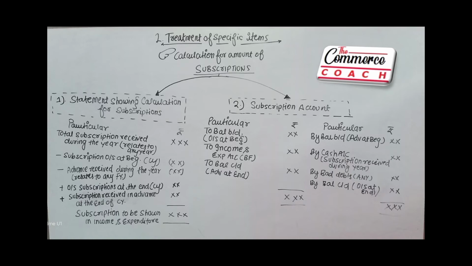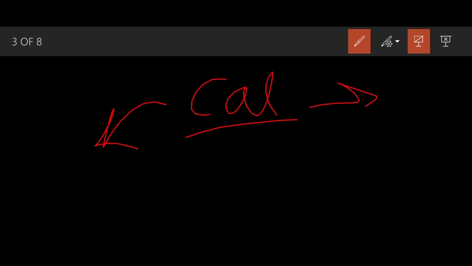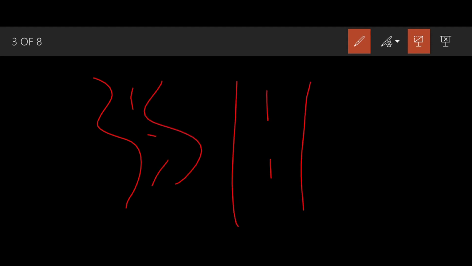Now this is the main and the important part for this item. So basically for calculating the amount, we have two kinds of ways available. In accounting, basically everything has two ways, right? So we have this way and we have this way also.